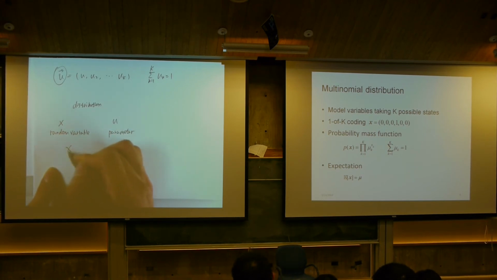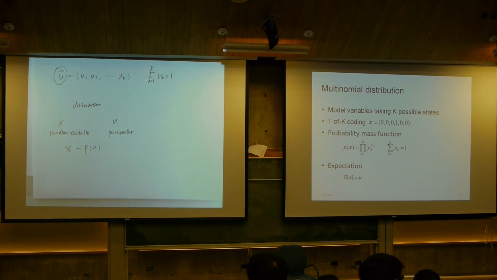So we say x is drawn from the distribution parameterized by mu. Be careful about these two things.